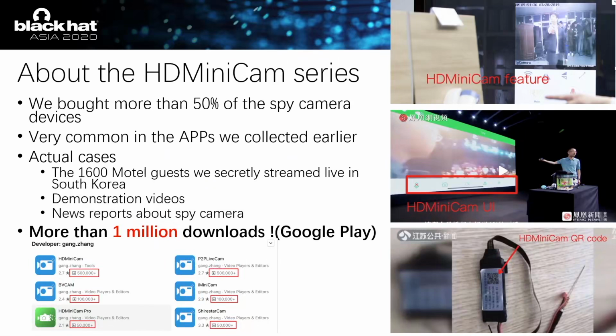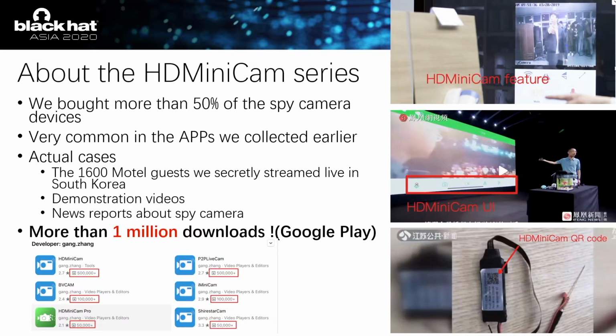Let's have a look at an actual case, such as the one mentioned earlier, involving the 1,600 motel guests we secretly streamed live in South Korea. The analysis of news reports shows that these cameras are the HD Minicam series.